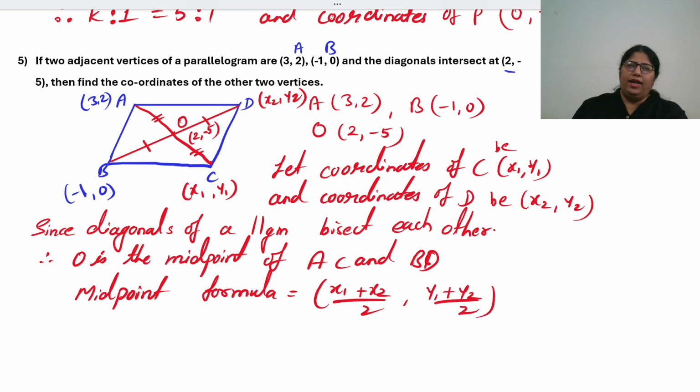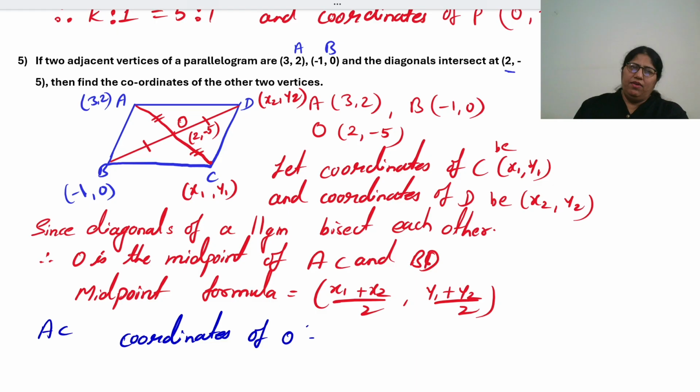First let us take the coordinates of C. The coordinates of O are 2 comma minus 5, and we take the endpoints of AC.